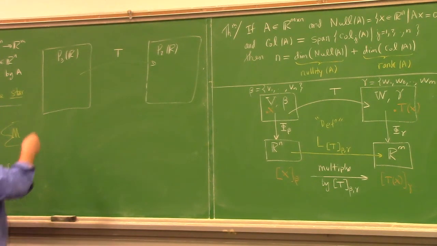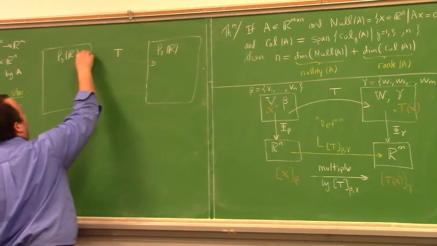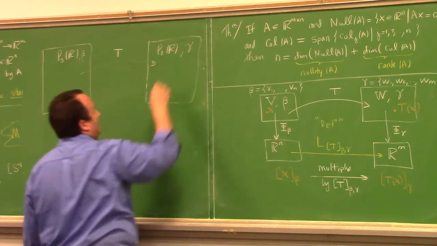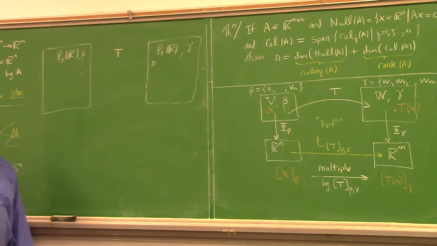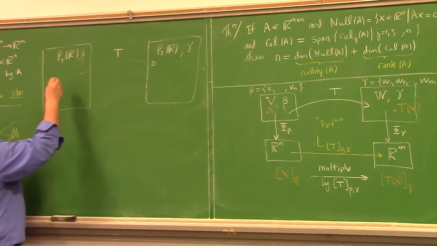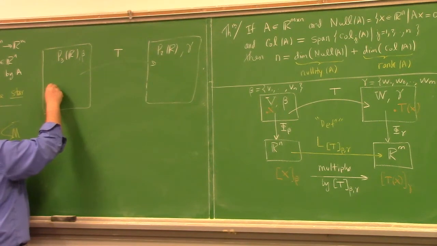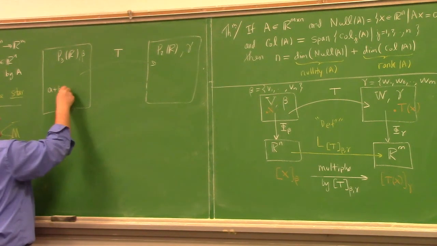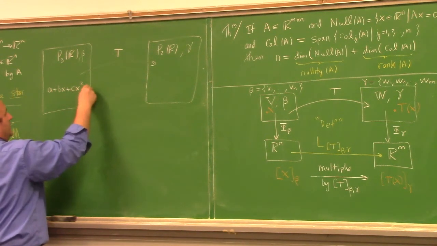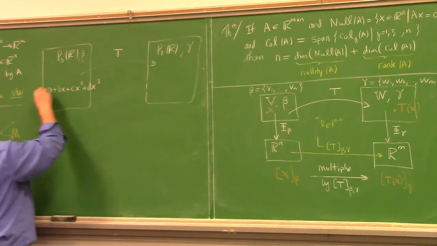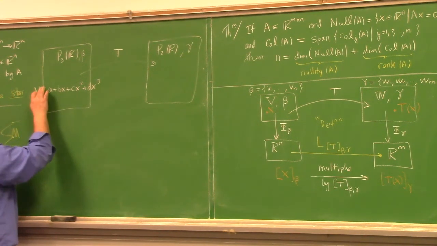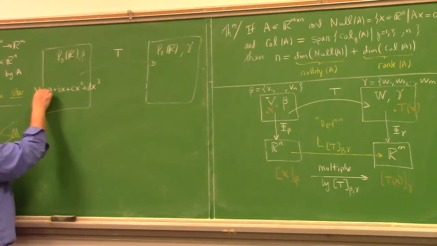So what you do, and I'm going to use the same bases, beta and gamma, that we had, is follow an arbitrary vector in the domain. In this case, that would be a plus bx plus cx squared plus dx cubed. I'm going to call that v. You could call it f of x if you wanted, but I'm going to call it v.